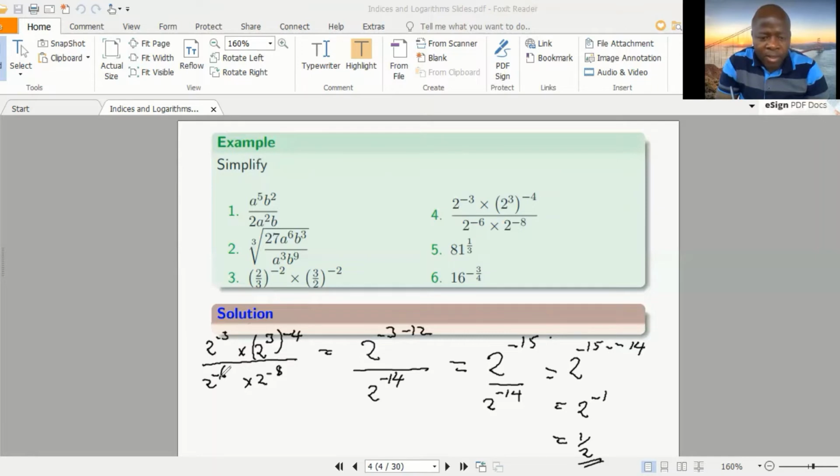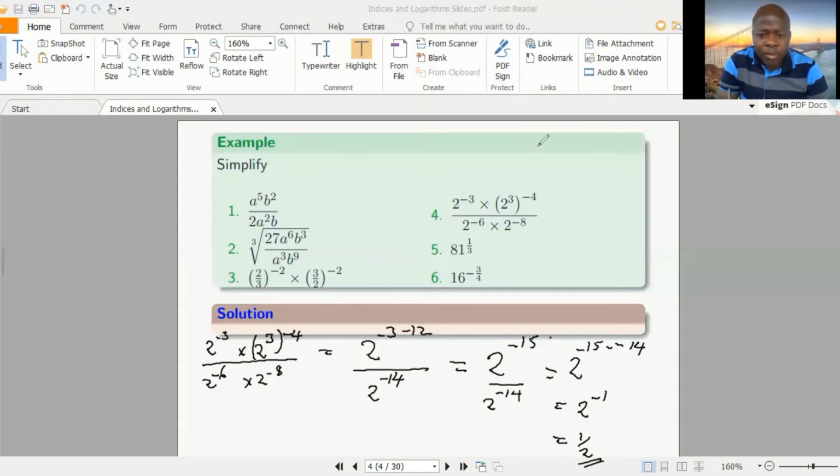And this is negative 6 and negative 8. We add those to get negative 14. And because of division, and since we have the same base, we need to subtract the powers. So negative 15 minus negative 14 is the same as negative 15 plus 14, which gives us negative 1. And so we write it as 2 raised to negative 1 to get a half as the answer.